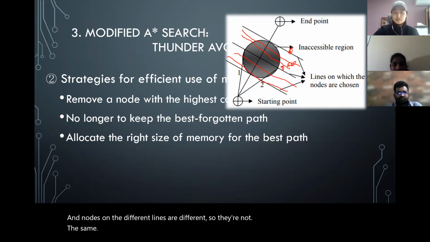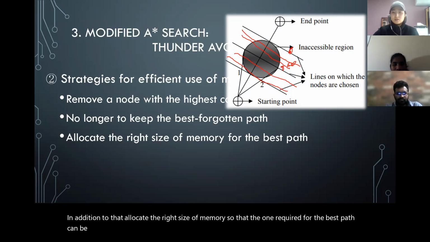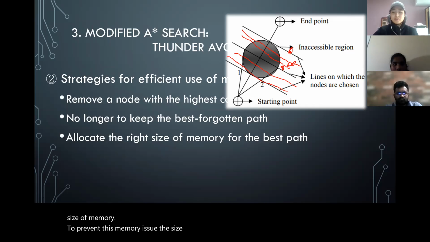In addition to that, allocate the right size of memory so that the one required for the best path can be properly stored. The optimal path sometimes does not run on the system if it has a limited size of memory. To prevent this memory issue, the size of memory is allocated after the optimal path is computed.